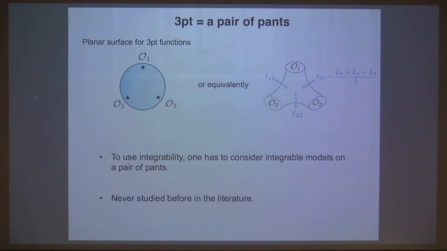And as I said, the computation at tree level is rather easy, but if you want to do the computation at finite coupling, you need to resort to integrability. However, in order to use integrability, you need to consider integrable models on a pair of bands characterized by these lengths. But the problem is that this was never studied before in the literature. So we need to come up with a nice way to do this computation.